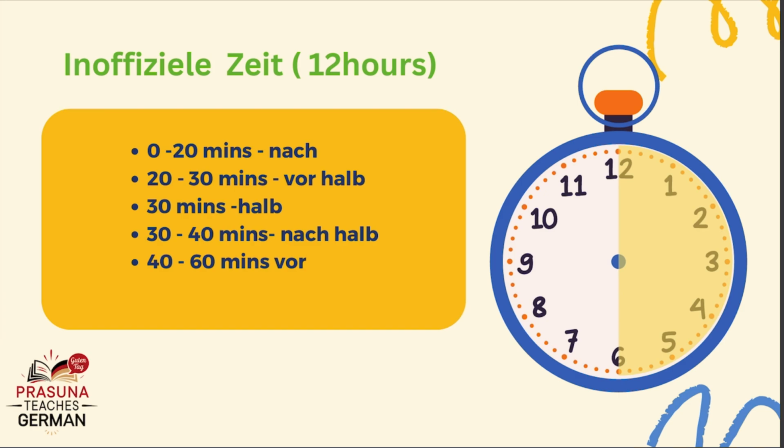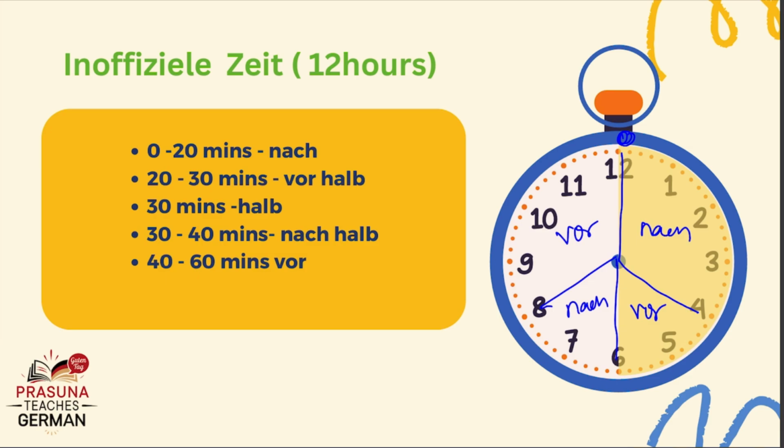The entire clock is divided into 4 quadrants. The first is 0 to 20 minutes as nach quadrant, 20 to 30 minutes as vor quadrant, 30 to 40 minutes as again nach quadrant, and 40 to 60 minutes again vor quadrant.